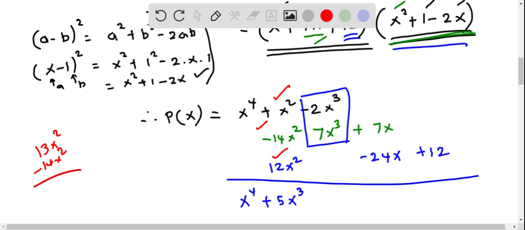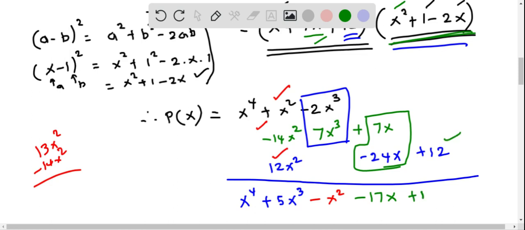So when you add these two terms, we get negative x squared term. Now we add this 7x with negative 24x. So 7 minus 24 is negative 17, so this is negative 17x, plus the final constant term is 12.